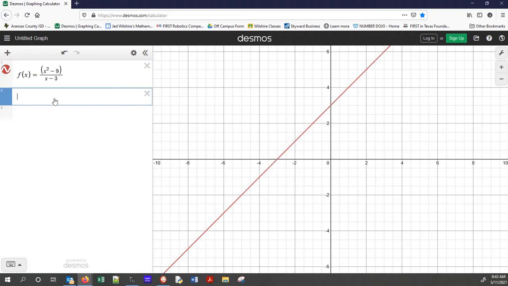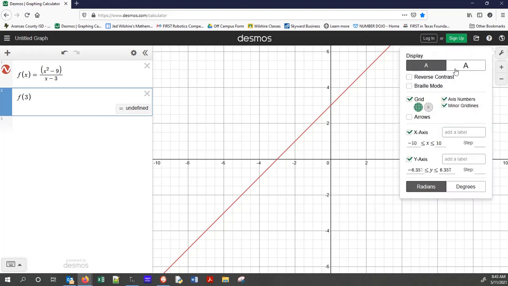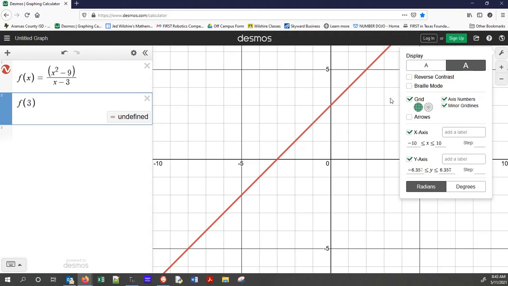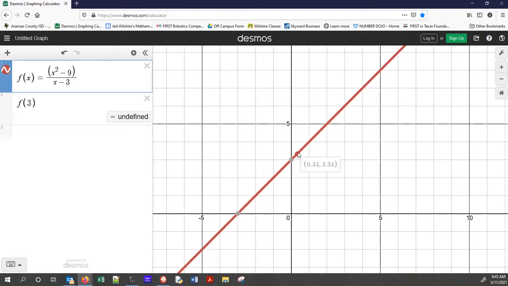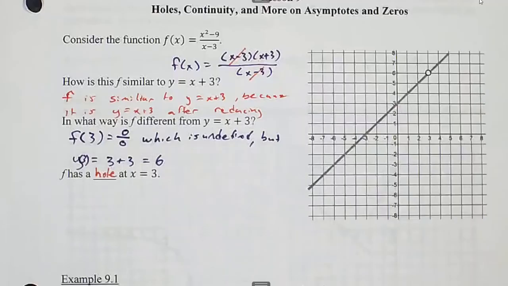Now, just to confirm, f of 3 is in fact undefined. And I want you to see that if I try and drag a point, I can trace the curve over to x equals 3, and we're going to see this thing disappear at some point. Oh, I went too far. There it is. And that's kind of the representation of the hole there. It becomes really important in calculus, so we want to have this concept down now.